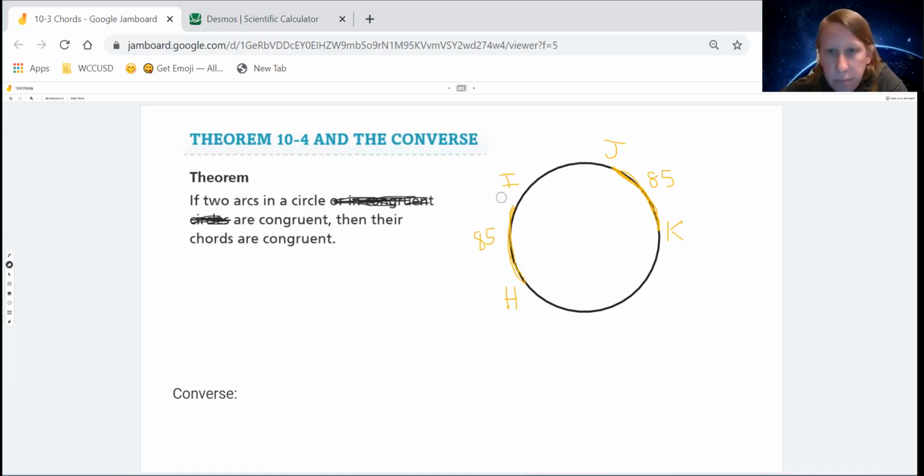We'll say that they are the same. So we're starting with: if two arcs in a circle are congruent, so if arc HI is congruent to arc JK, then what are we allowed to say?